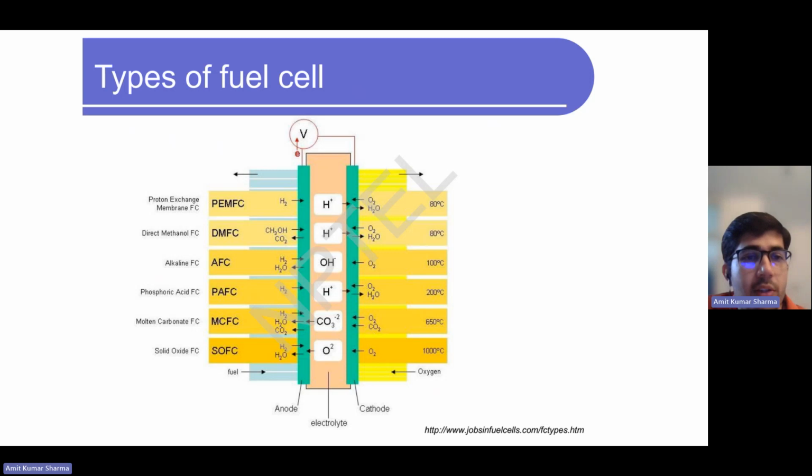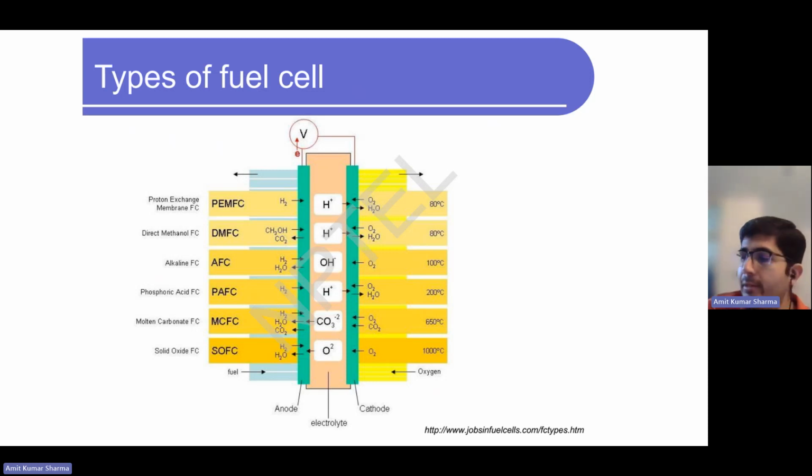We have different kinds of fuel cell: proton exchange membrane fuel cell, direct methanol fuel cell, alkaline fuel cell, phosphoric acid fuel cell, molten carbonate fuel cell, and solid oxide fuel cell. Every fuel cell has its own characteristics, like the operating temperature, what kind of electrolyte they use, and what kind of mechanism.